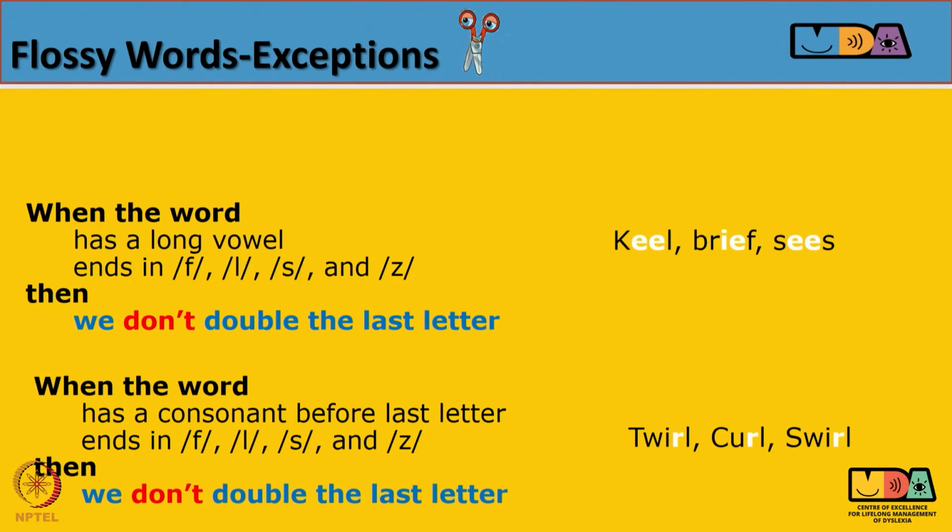Similarly, when you have a consonant that comes before the last letter, there also we do not double the last letter. For instance, in the word twirl, curl, swirl, R is coming before L, so we do not double the last consonant. This is your Flossie rule.